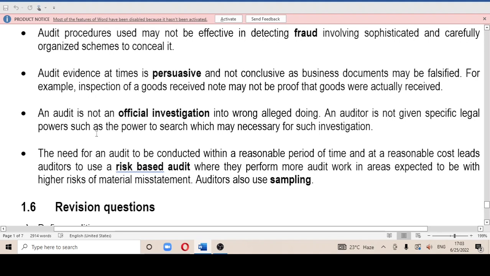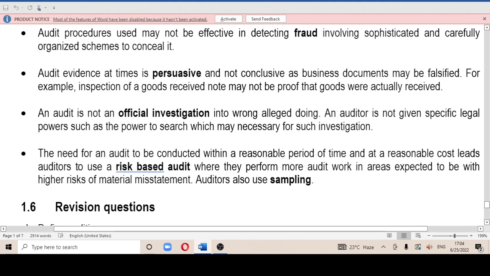Then we have the last one, which looks at the need for an audit to be conducted within a reasonable period of time and at a reasonable cost, which leads auditors to use a risk-based audit. So what do they mean here? Because of a reasonable period of time, maybe they're given less time, and also the costs that may occur as a result of employing the auditors.